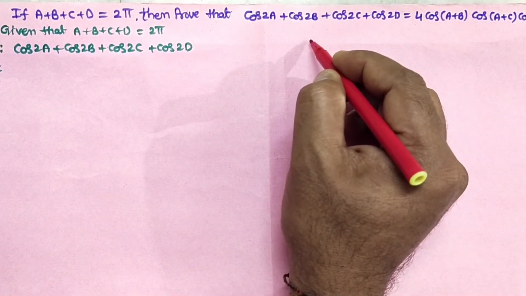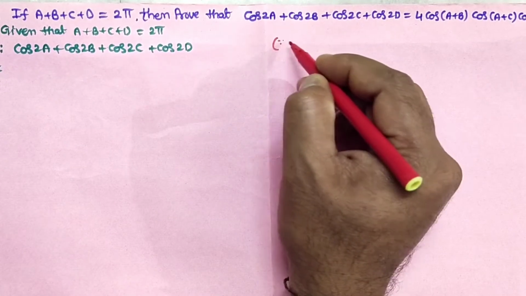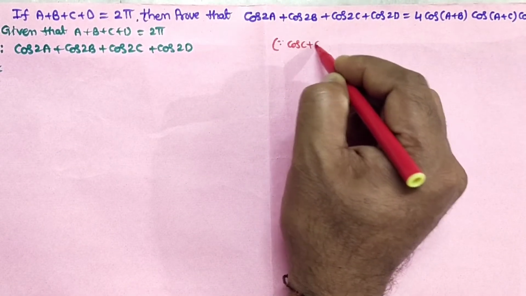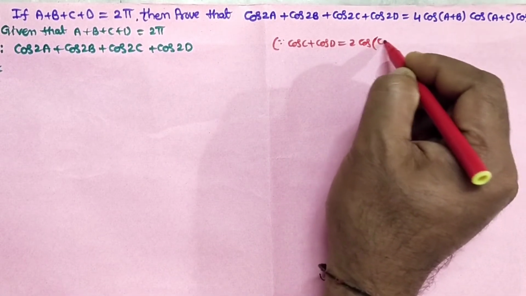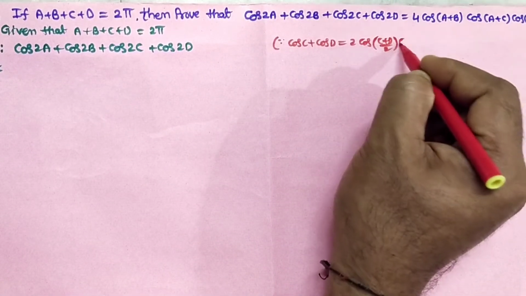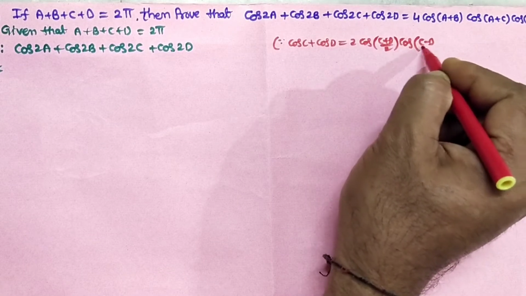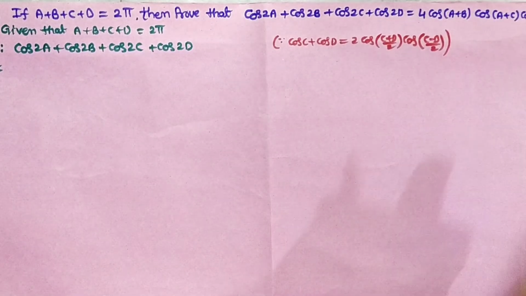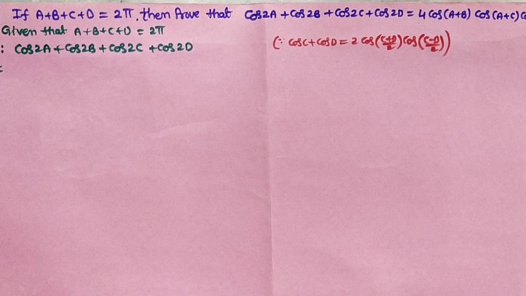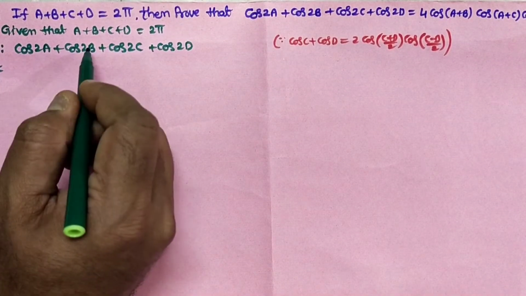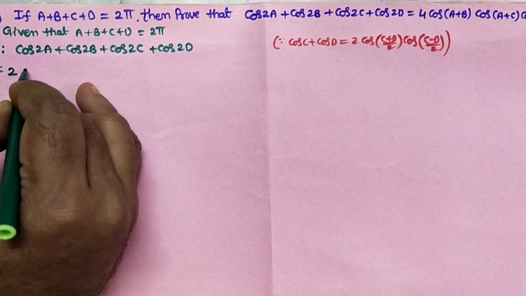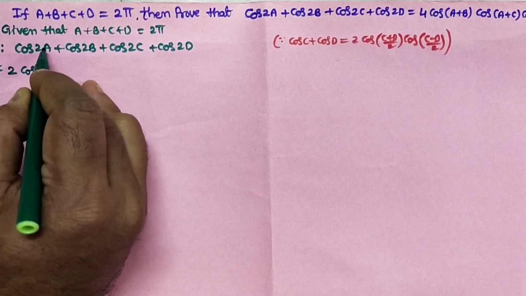This formula we are going to apply now: cos C plus cos D is equal to 2 cos (C plus D) by 2 cos (C minus D) by 2. So by using this formula, cos 2a plus cos 2b plus cos 2c plus cos 2d. For the first two, we apply 2 cos (2a plus 2b) by 2.